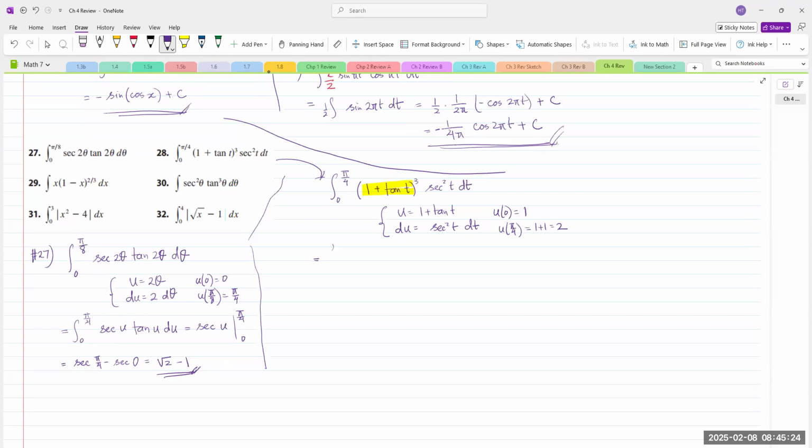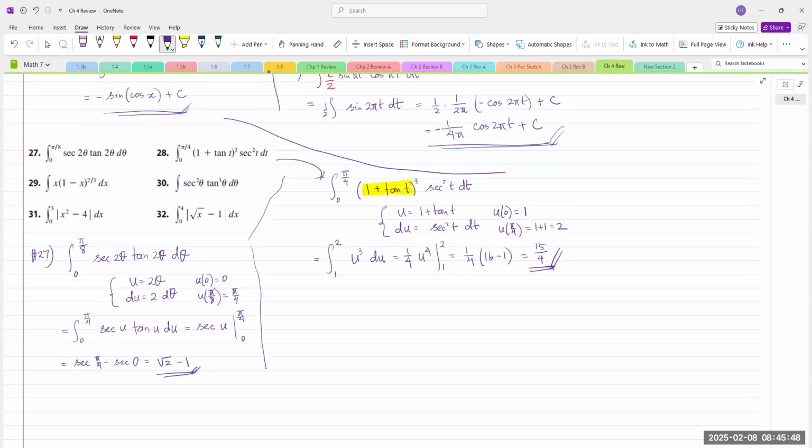Okay, so my integral now becomes integral from 1 to 2 of u cubed du, which is 1/4 u to the 4th from 1 to 2. That's 1/4, 2 to the 4th, 16 minus 1. That's 15 over 4. Okay?